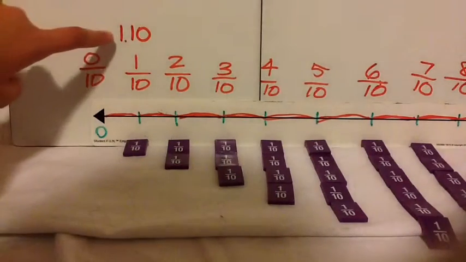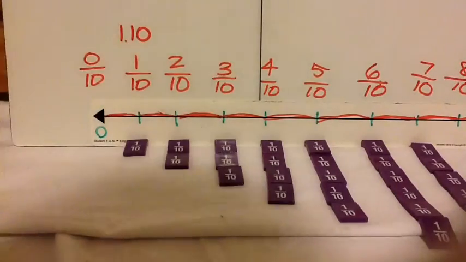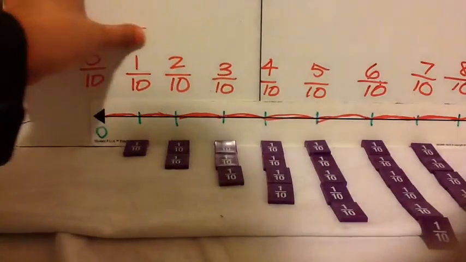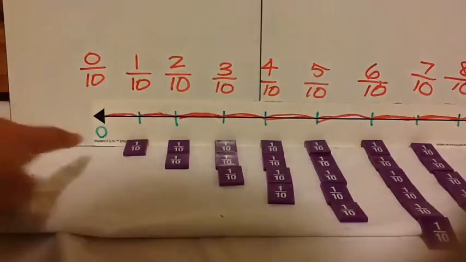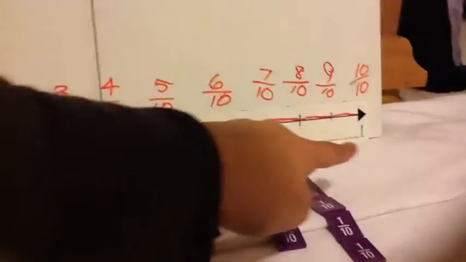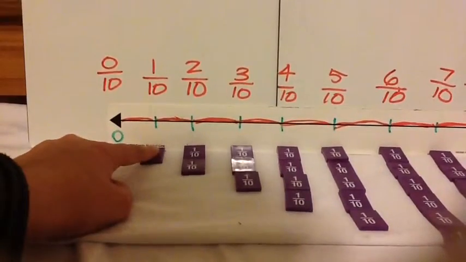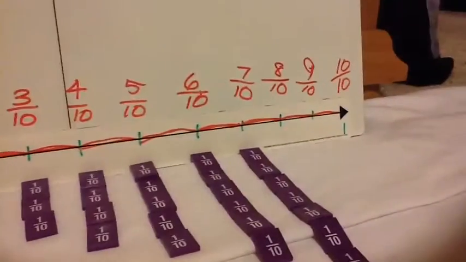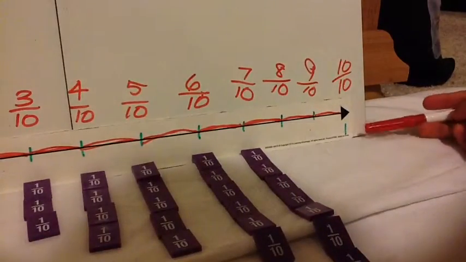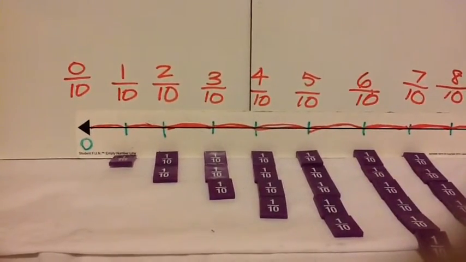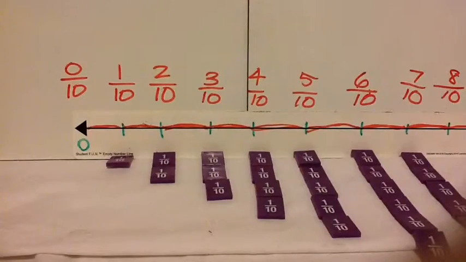If you think about this as dollars, this is like $1.10, okay? If this is $0 and that's $1, then how can we have $1.10 here? You know what I mean? $1.10 would be starting right there. So we are less than $1.